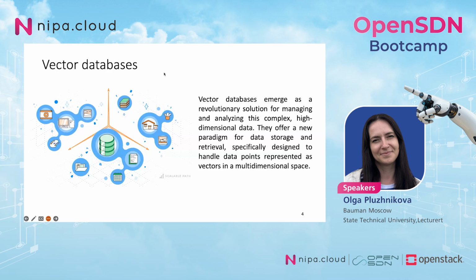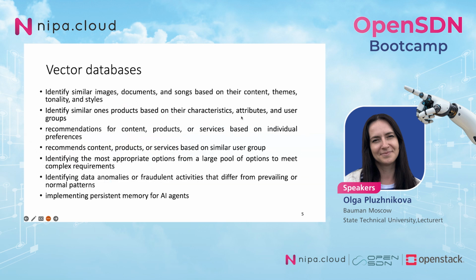They offer a new paradigm for data storage and retrieval, specially designed to handle data points represented as vectors in a multidimensional space. Thus, we have added the study of vector databases to our course. Vector databases are used in numerous domains and situations in analytical and generative artificial intelligence, including natural language processing, video and image recognition, recommendation systems, search, and so on.